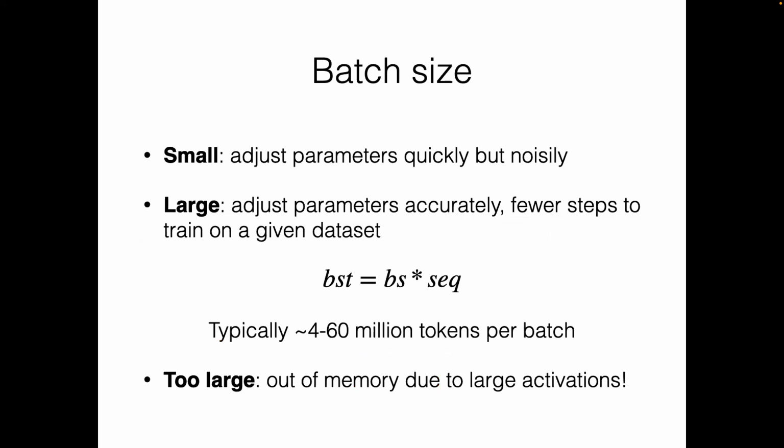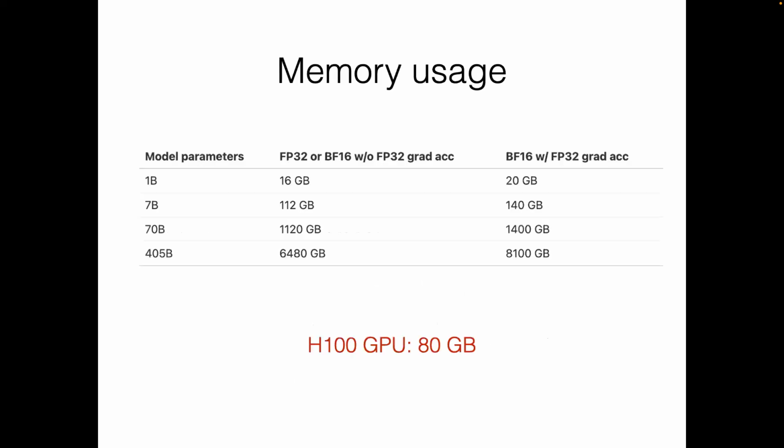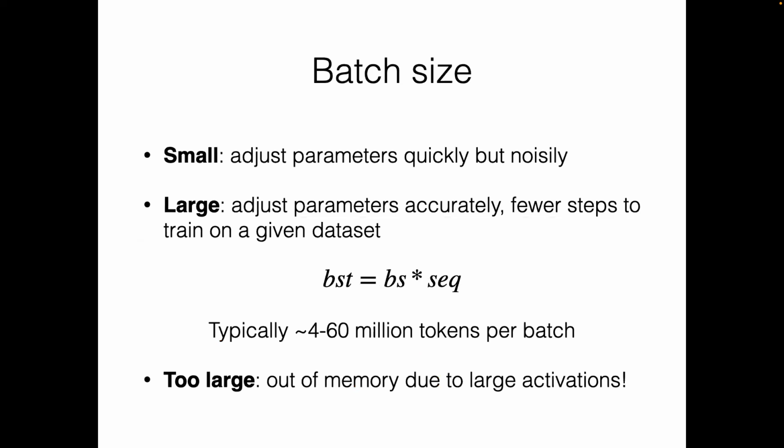So first, let's think a bit more carefully about what the batch size is. One option is to just reduce the batch size. I apologize for not putting it here, but if you want, you can reduce the batch size, and this will lead to some different trade-offs.